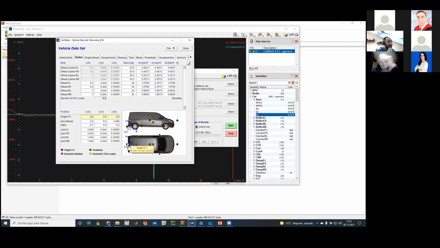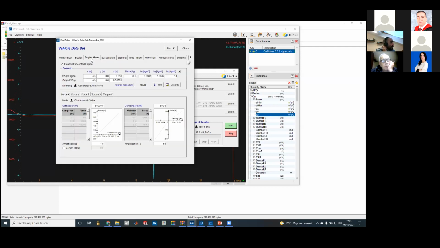So regarding the coordinate system of my vehicle, I can place the wheel, the mass of the vehicle, or other elements. Also I can identify where the jack, this is the free height of my vehicle, is placed. So I can check where each of the masses of my vehicle is with respect to a known system of coordinates.